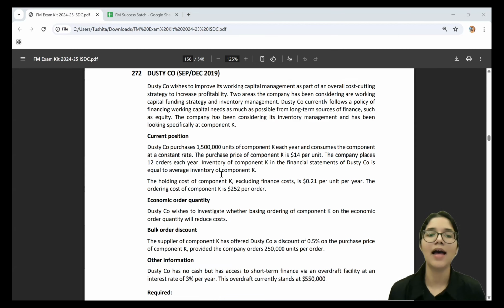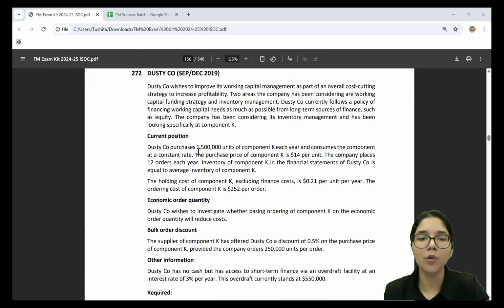I realize that I will be needing 1.5 million units in the whole year, and I place 12 orders. Because they are telling us that we are ordering at a constant rate, in each and every order I will be placing the same number of units.